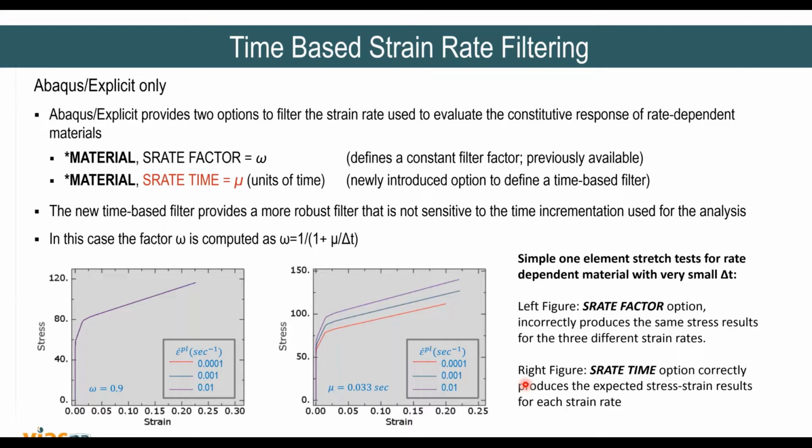So now you have some additional options for filtering out this noise. We now have two options to filter the strain rate to evaluate the constitutive response of strain-rate-dependent material. The first one is star material with rate factor, where you define a constant filter factor, and it was also available in the previous version.